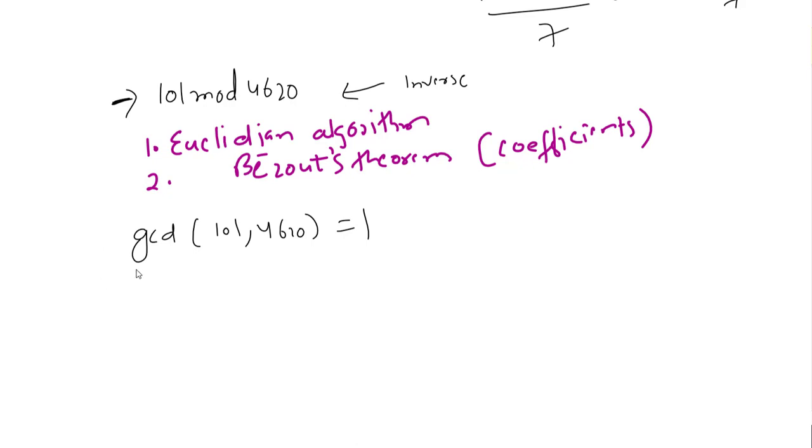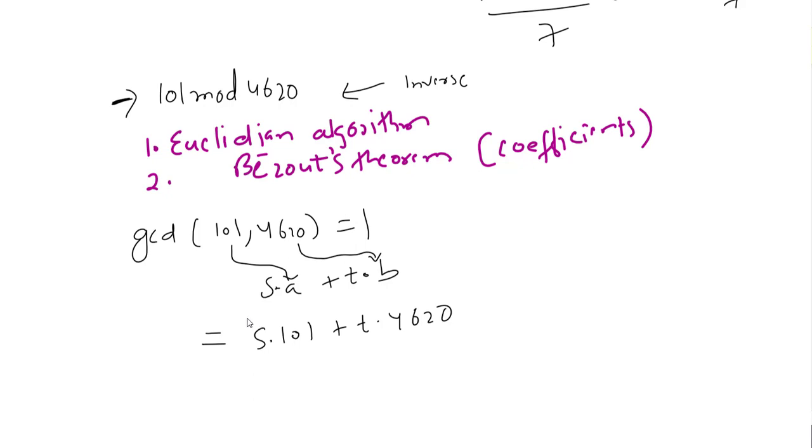Second, once we are able to find it, we'll do the backtracking to find the equation which is similar to S times A plus T times B. In that case, this is the A and this is the B. So we should get an equation of the form S times 101 plus T times 4620.